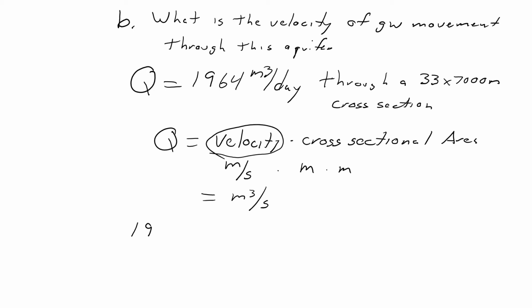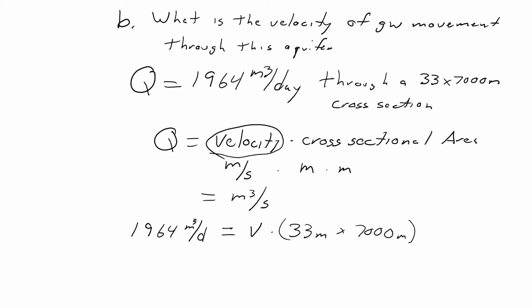So we know we have 1,964 cubic meters moving through this every day. We're going to solve for velocity. We know our cross-sectional area is 33 meters times 7,000 meters.